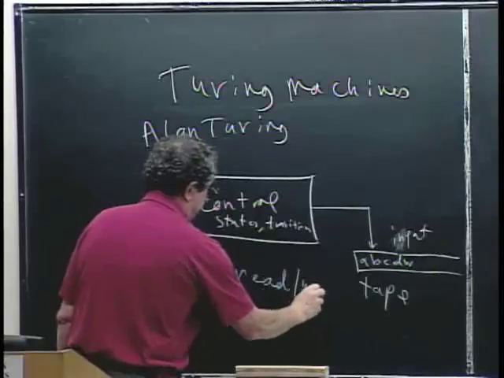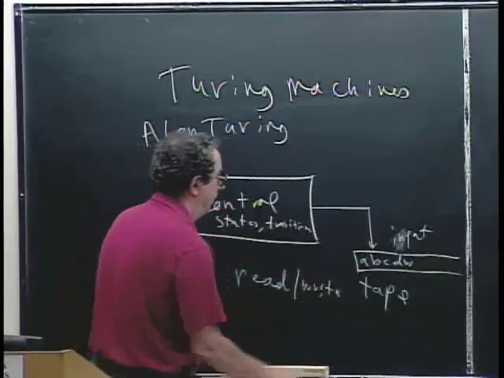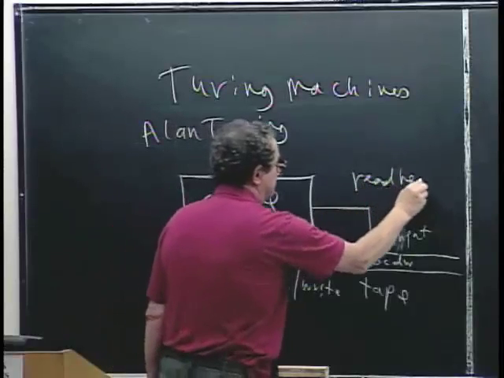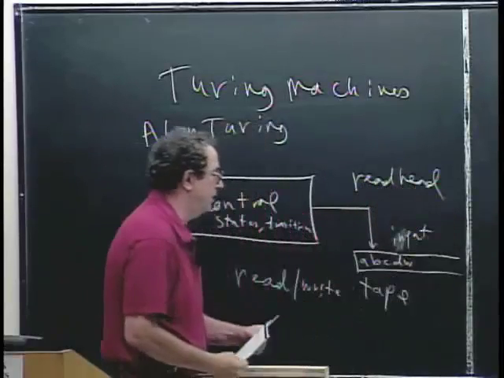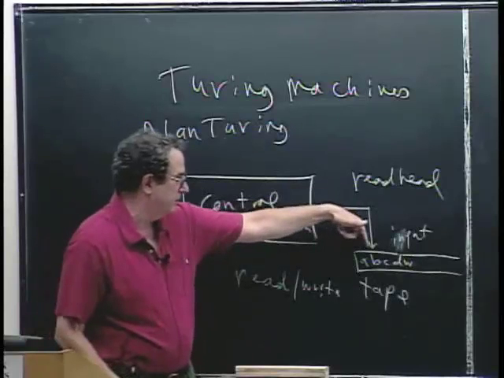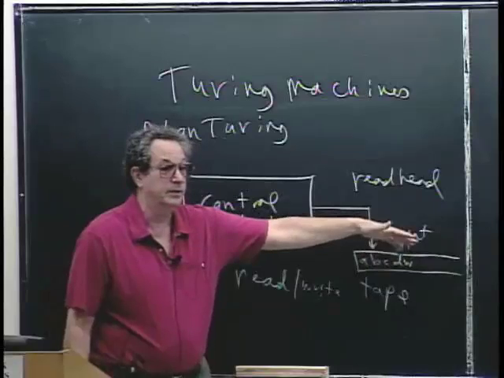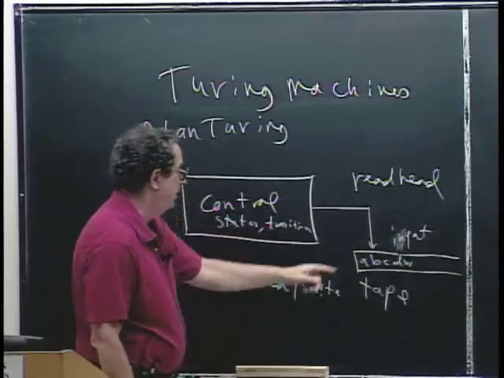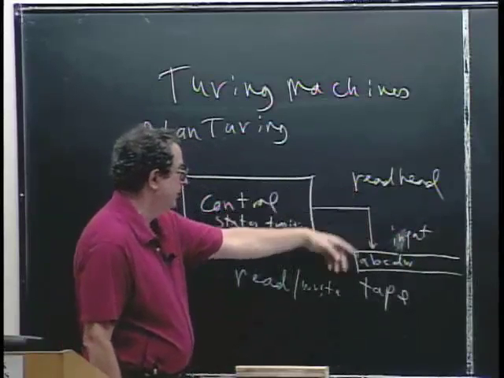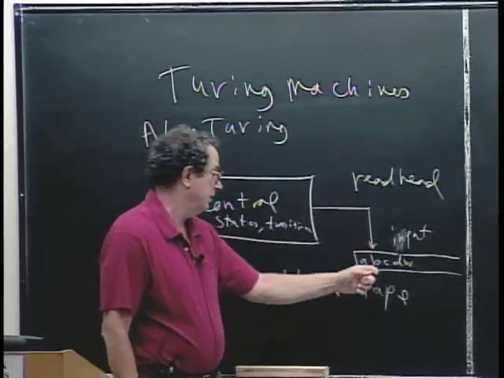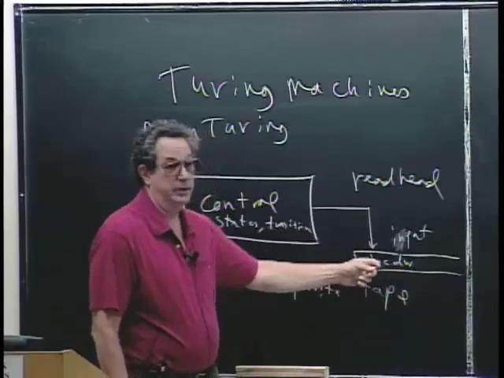And this is called the read head. So the Turing machine has a read head which is over some particular character on the tape, the read-write tape, and in a single move can read a symbol, can choose to write or not, and can move left or right.